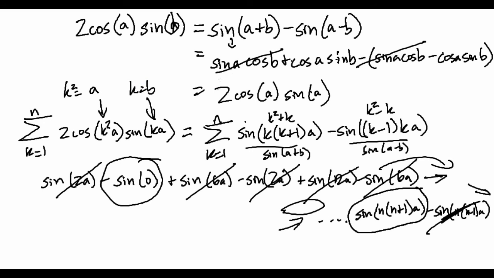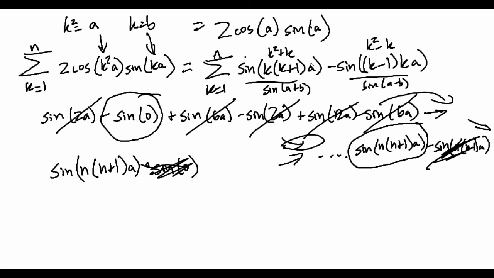So these two terms are the only thing left, which means this summation simplifies to sine((n plus 1)nA) minus sine 0. And sine 0 is just 0, so we can ignore that.